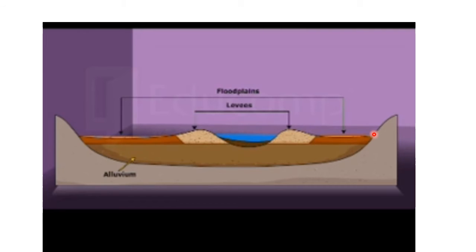And what kind of deposition takes place? It's called alluvial deposits, which is very, very good for agriculture. That is why this area is one of the most fertile areas of the river, and that is why in our northern plains these flood plains have been formed, which is very good for agriculture.